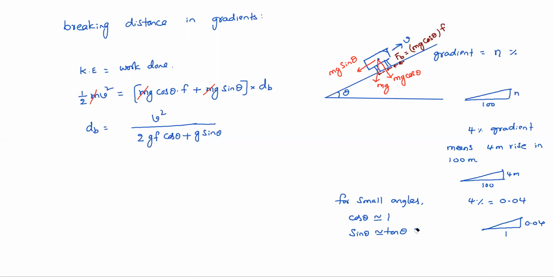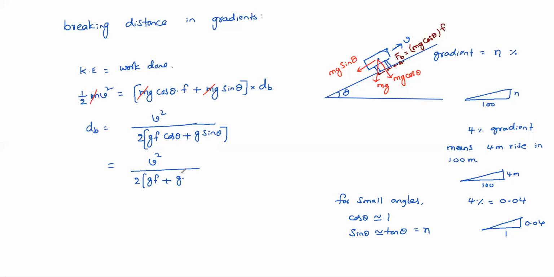So here, sin theta is approximately equal to tan theta, which is approximately equal to n in decimal system. That means n is here 0.04 if it is 4%. So that equals v square by 2g into (f cos theta, which is 1, plus sin theta).